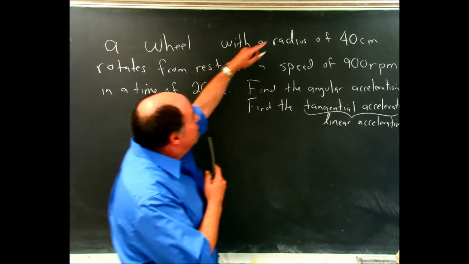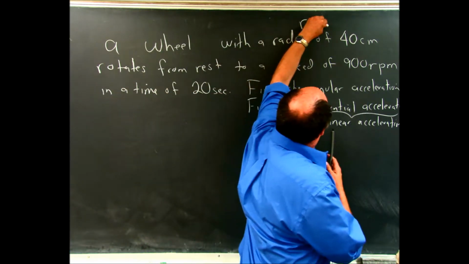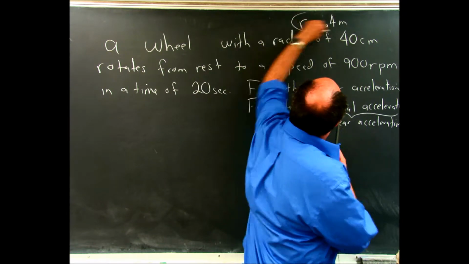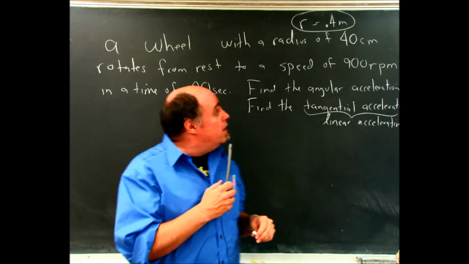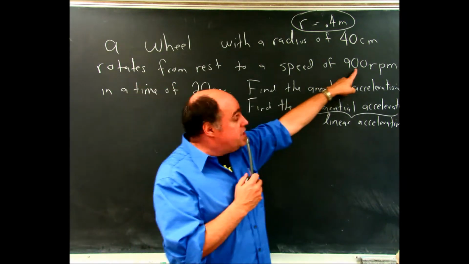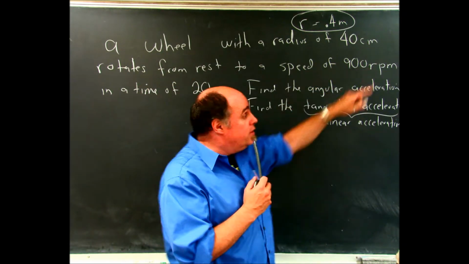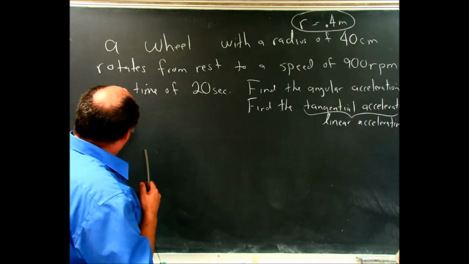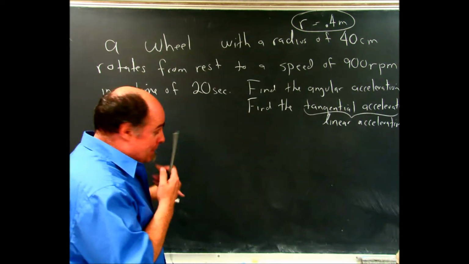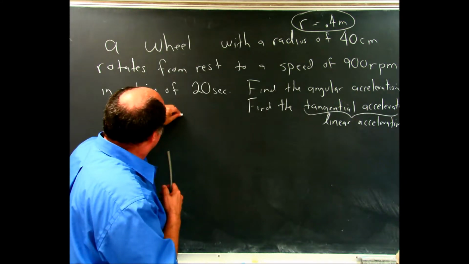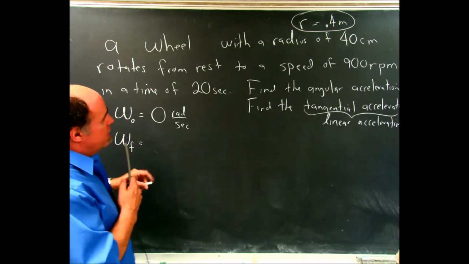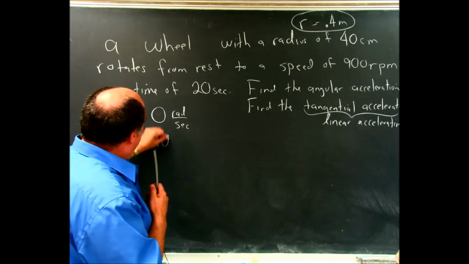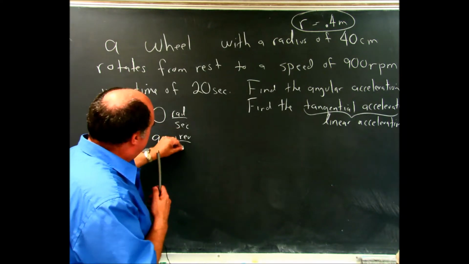So right here the radius is 0.4 meters. We have to be careful of that. We don't want to use the wrong units. Right here, this is an angular velocity, but it's in the wrong unit. So we would say that the initial angular velocity is 0 radians per second. The final angular velocity is 900 revolutions per minute.